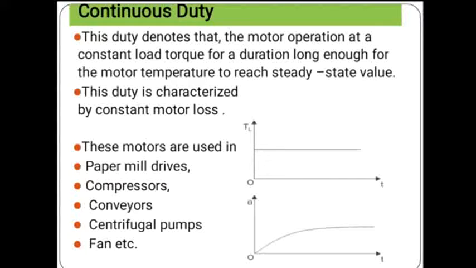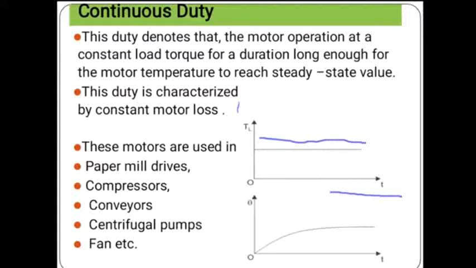You can also observe the graph shown here between the load torque and time. In this graph you can observe that the torque is constant with respect to time. It is constant, that means continuous duty.